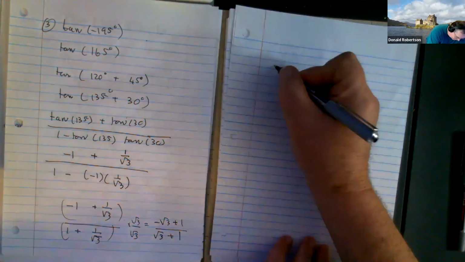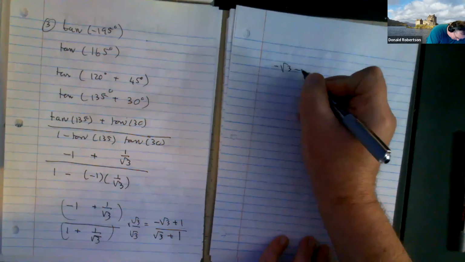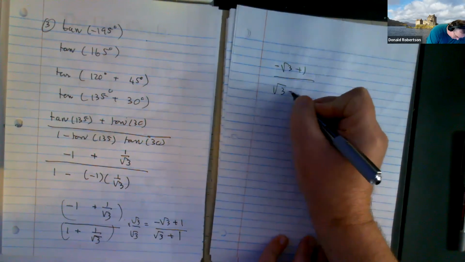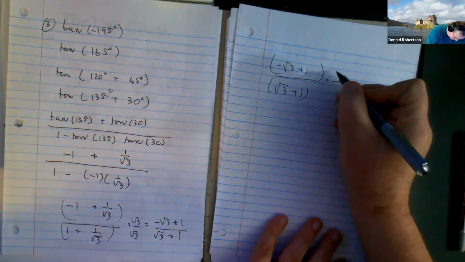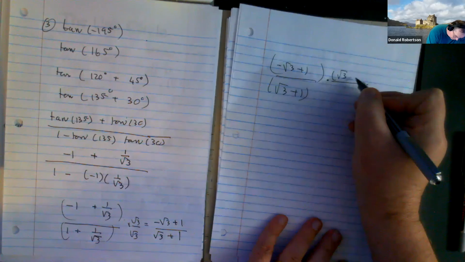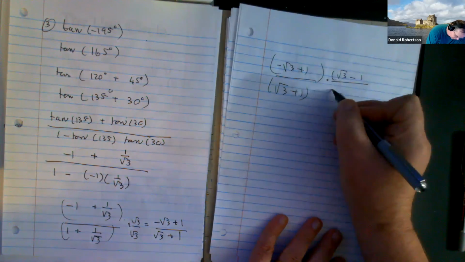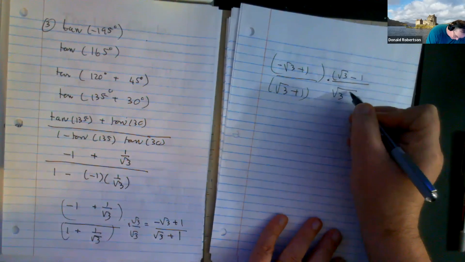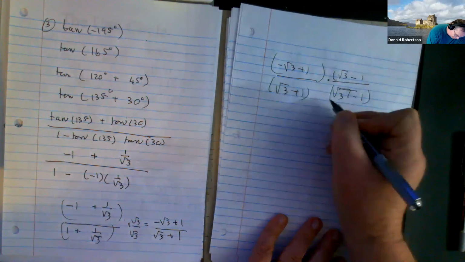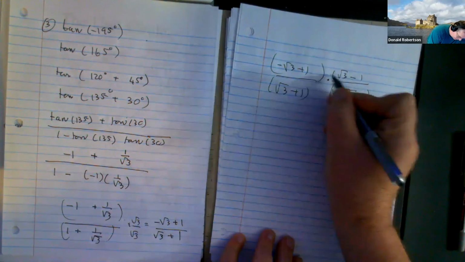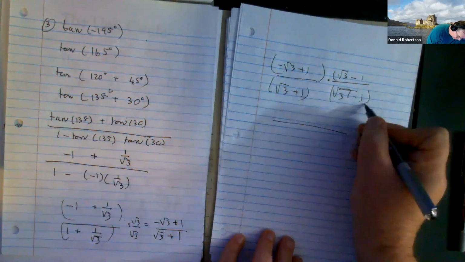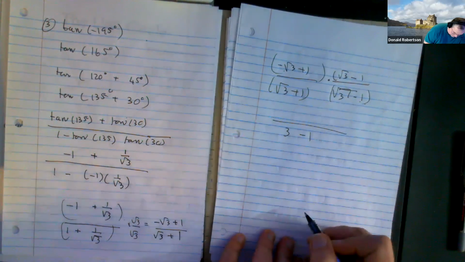Okay, so let's show you what they did there. This guy is the same thing. I know it doesn't look like it, but I wouldn't expect you to know how to do this. That's WebAssign being a pain. I'm going to multiply by a special version of 1, which is called the conjugate, which is basically this guy, but with a minus. So when you multiply these two together and these two together, you get that. You check out.